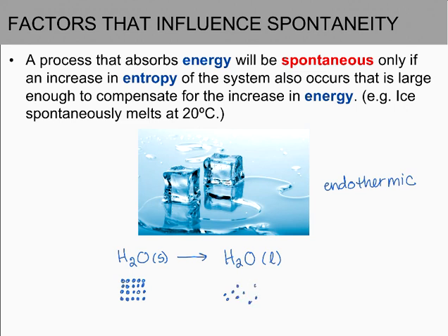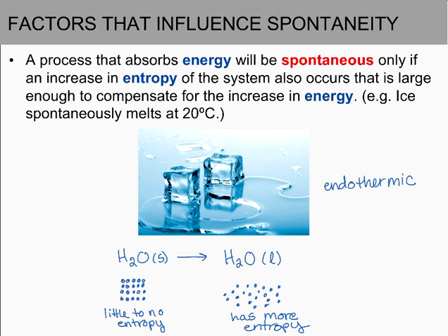They're not as ordered. Maybe they're kind of scattered around. Maybe the liquid flows across a table or some other surface. So the solid version of water has little to no entropy, and the liquid water has more entropy, or more disorder.